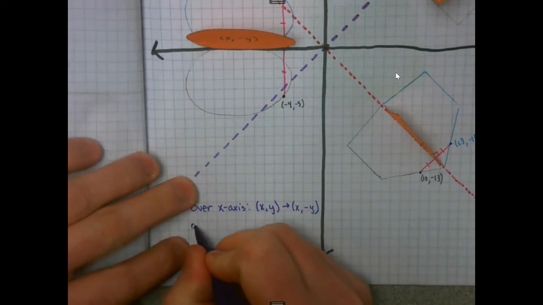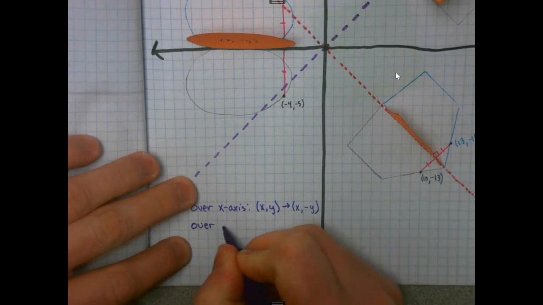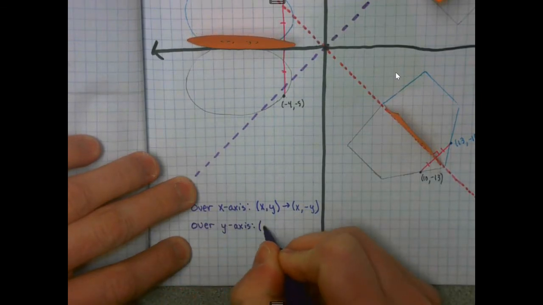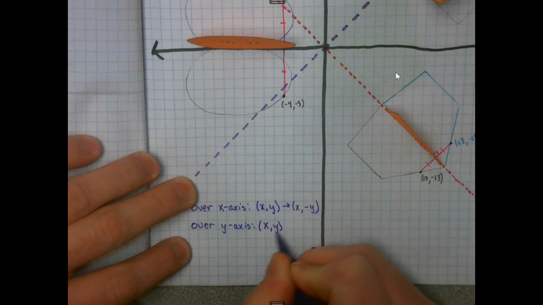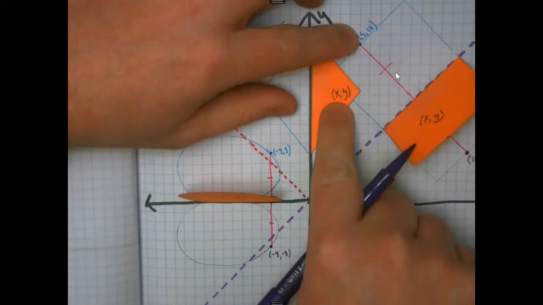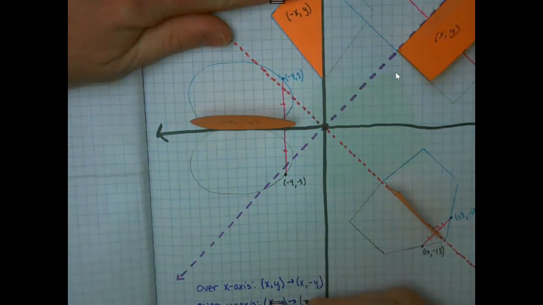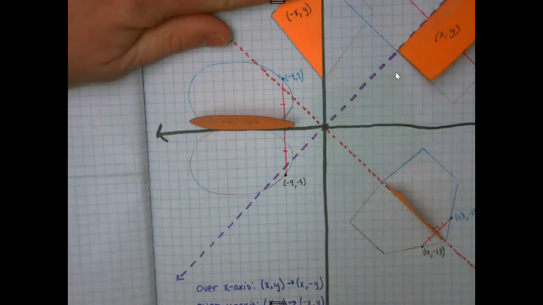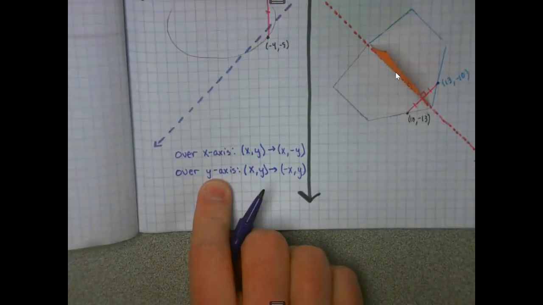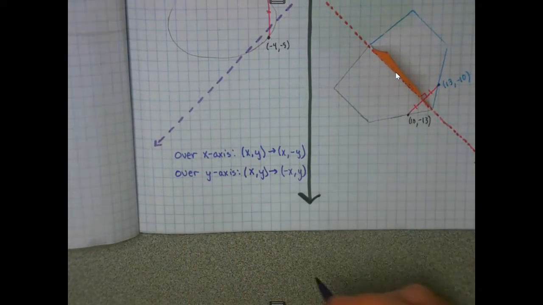If I go over the y-axis, x, y, that's your original, goes to, we can come up here, x, y changes to negative x, y. Okay, again, on the y-axis, just the x value changes.